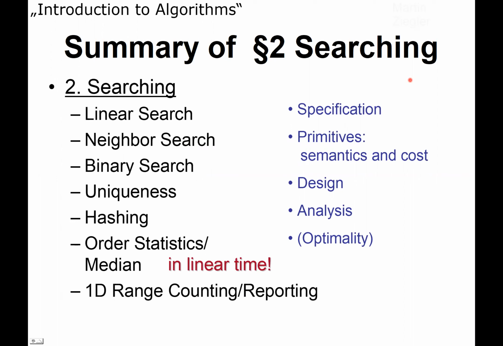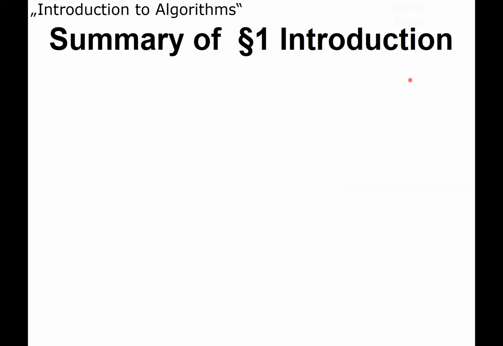And we concluded chapter 2 on searching with geometric search problems, namely range counting in dimension 1, 2, and higher, and range reporting. That is our recap of chapter 2.